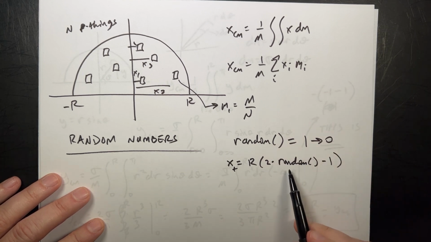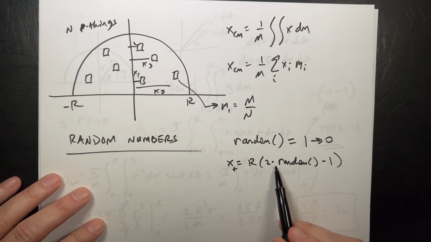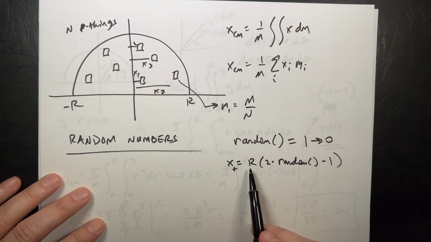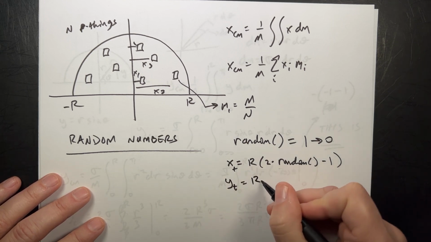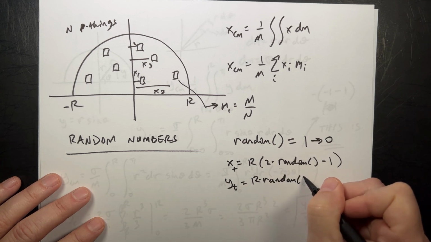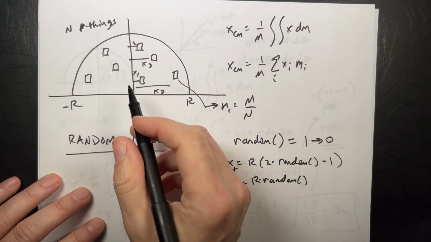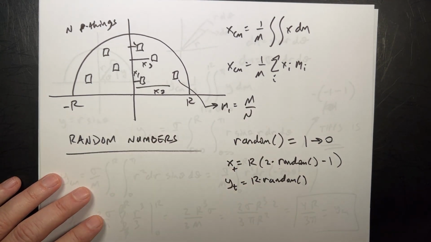Because 2 times random is now a number between 0 and 2, when I subtract 1, I get a number between negative 1 and 1, multiplied by r, and there you go. My y is going to be equal to just r times random, and that will give me a number between 0 and r. I don't really care about the bottom; this is going to be my origin right there.